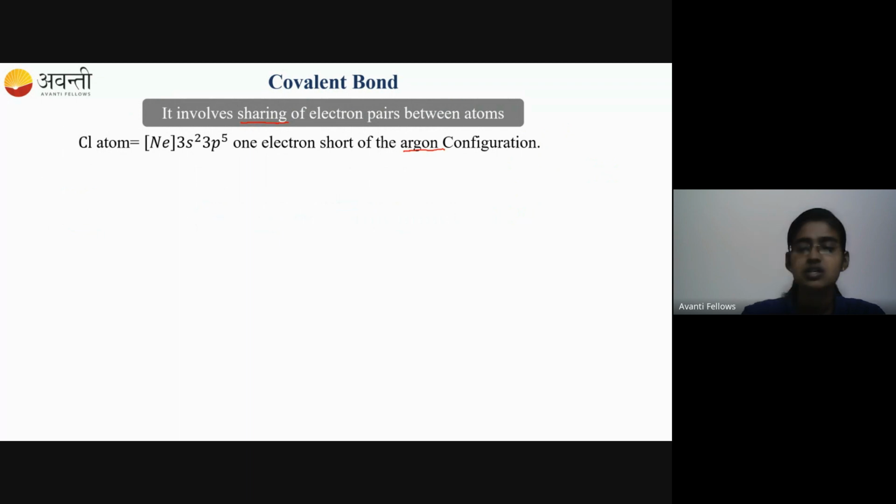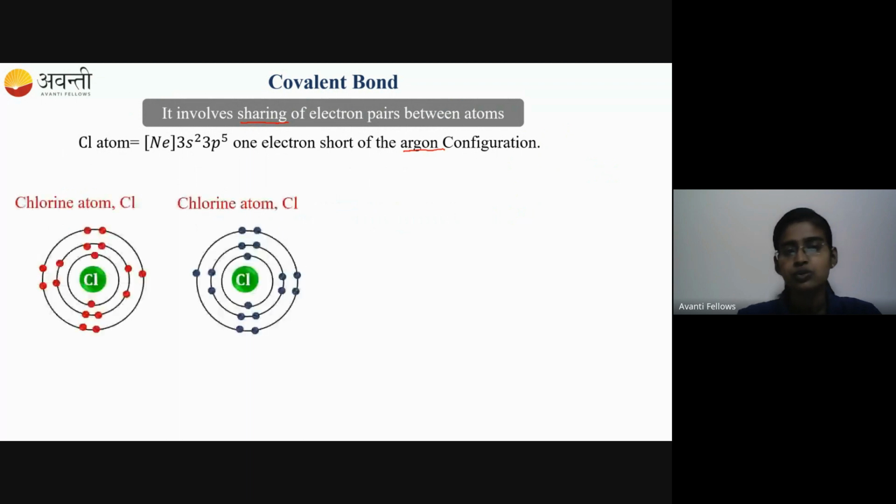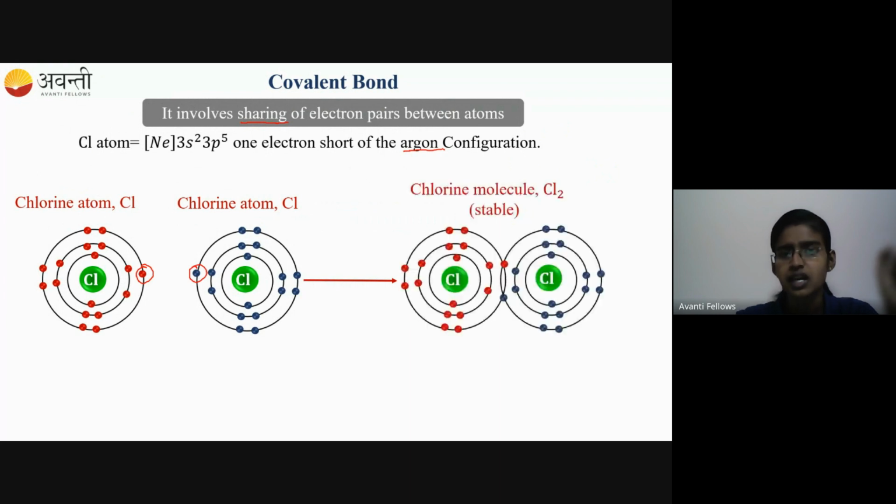So what will this chlorine atom do? One chlorine will try to interact with another chlorine. So 2 chlorine atoms will come in contact with each other and they will share their electrons. These 2 electrons of both chlorines will get shared, and here you see this is the shared pair of electrons and they have formed the bond.